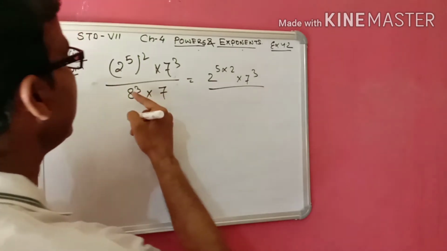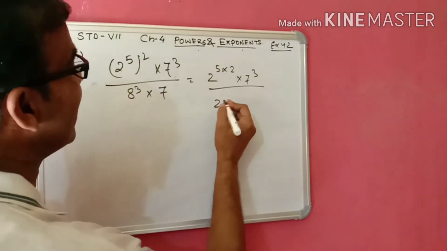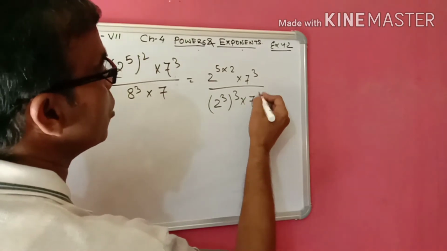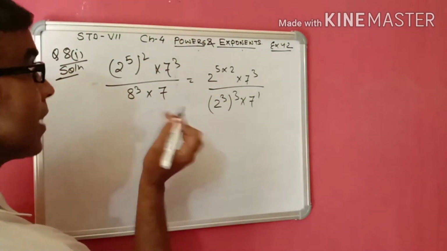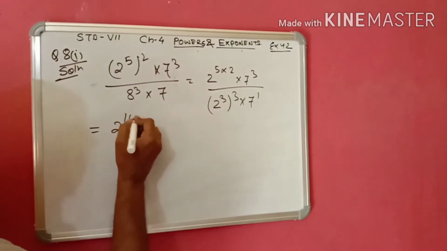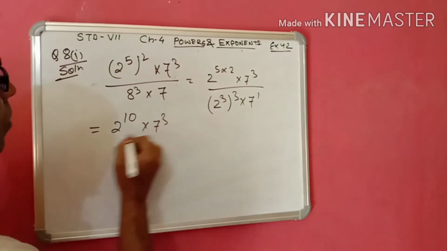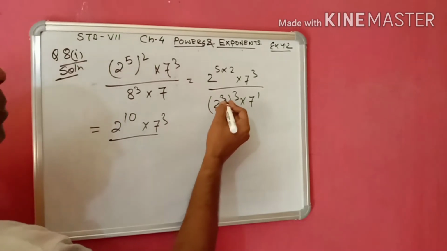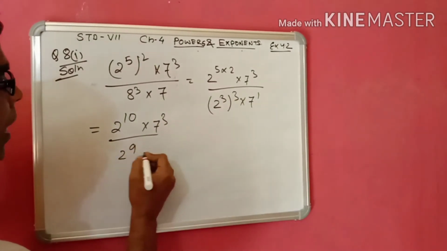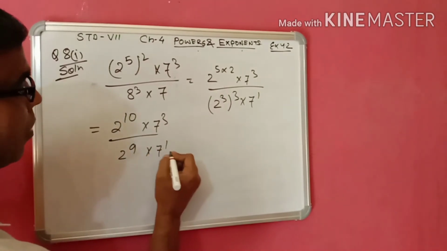7 to the power 3, 8 I can write 2 to the power 3, to the power 3, into 7 to the power 1. I can write or not? I can write. Now 2 to the power 10 into 7 to the power 3. This is a to the power m to the power n means m into n, so 2 to the power 9 into 7 to the power 1.